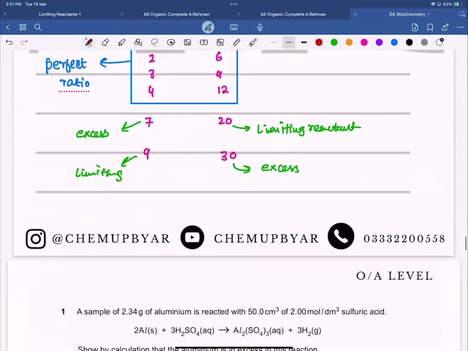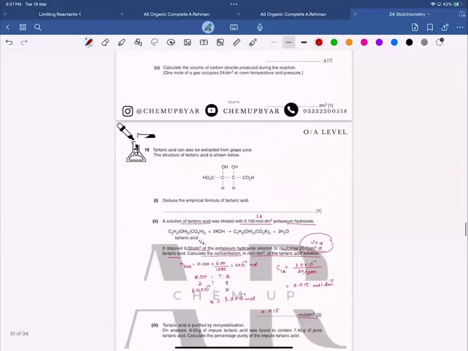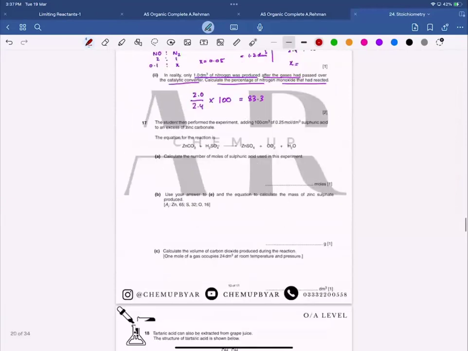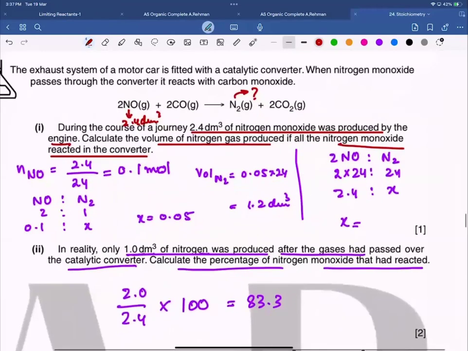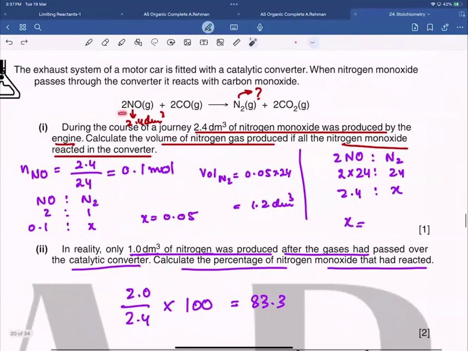Now, another thing that you need to understand: normally, if you look at any one of the questions, let me show you. I am telling you how to identify whether the question is based on limiting reactant or not. In this, how many reactants are there? How many reactants do we have? 2.